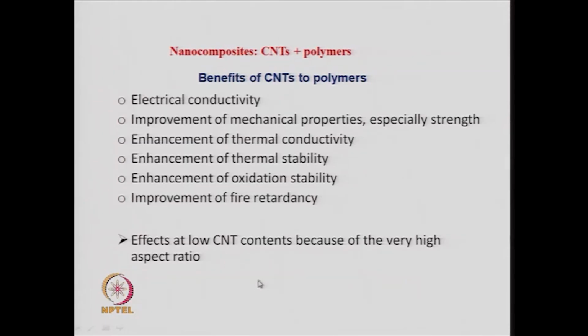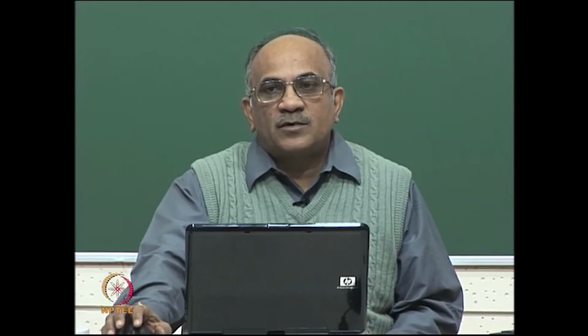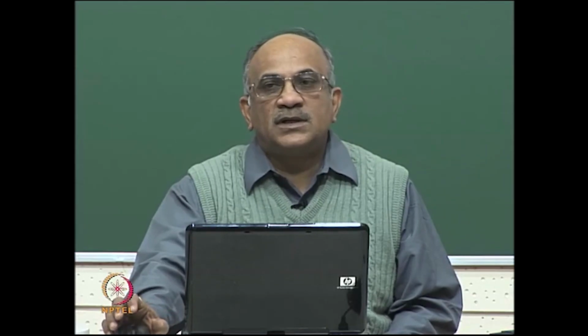Now, the very high aspect ratio of carbon nanotubes leads to properties at very low concentrations of carbon nanotubes. So, with a very low dopant of carbon nanotubes, you can get excellent properties because of the very high aspect ratio of these nanotubes. The aspect ratio is basically the ratio of the length and the breadth of the nanotube, and the longer the tube and the thinner the tube, the higher the aspect ratio.